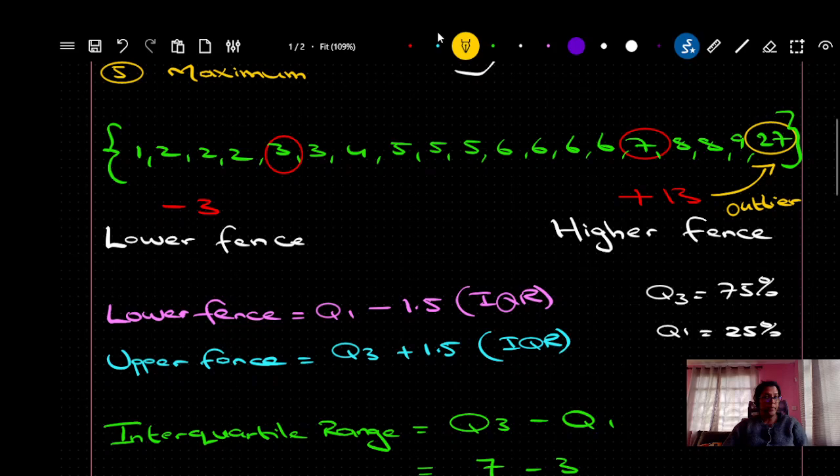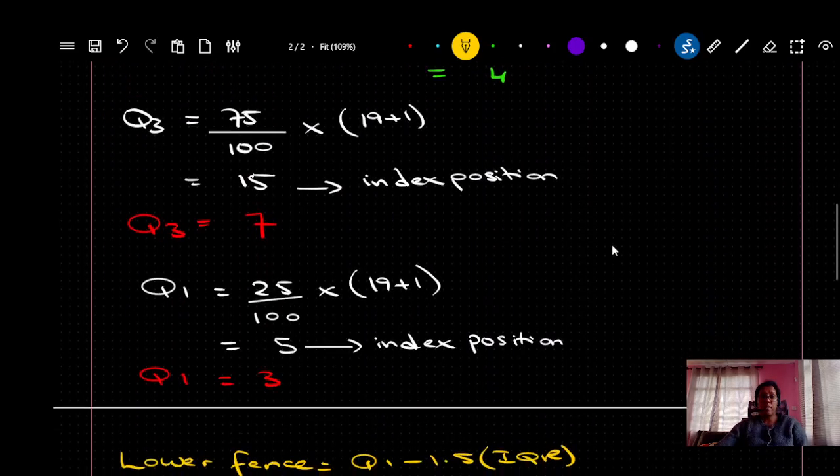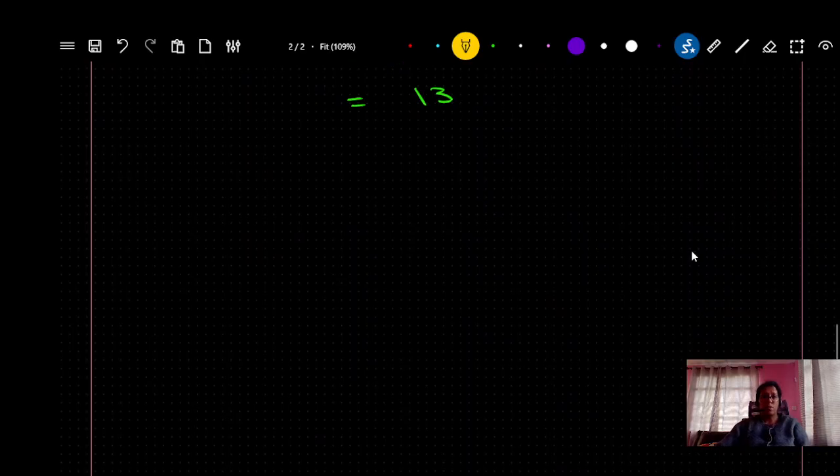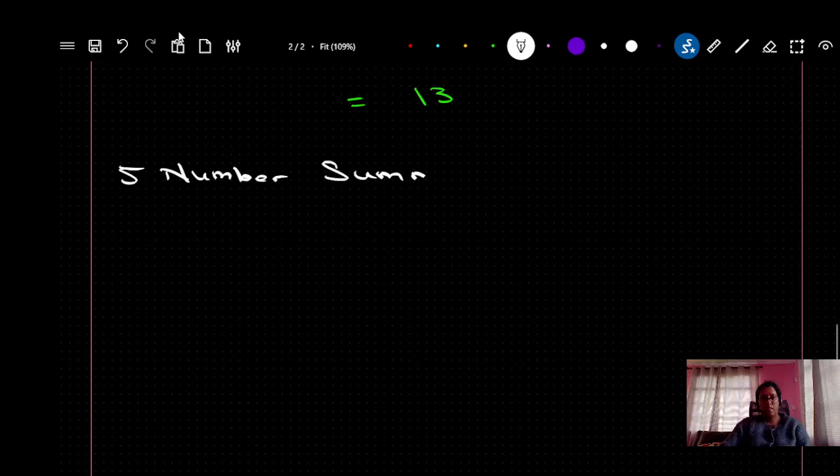So doing this, we're completing our 5-number summary, you realize. So in our 5-number summary, you have the minimum, which is 1 in the dataset, right?